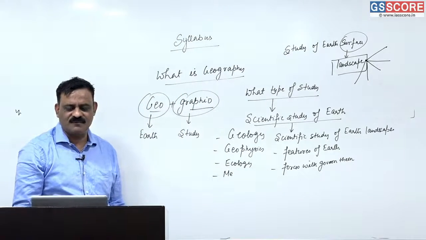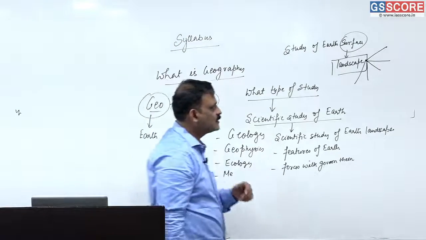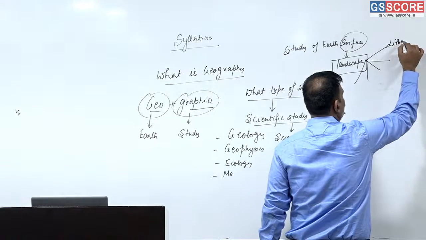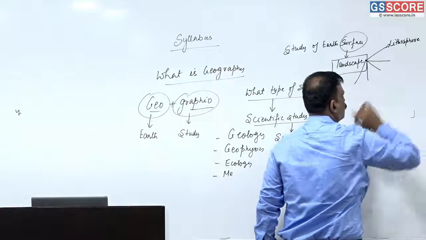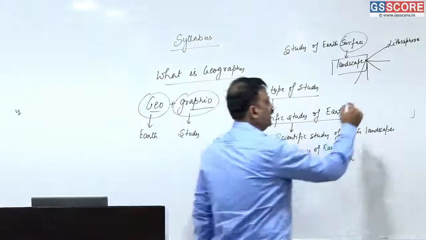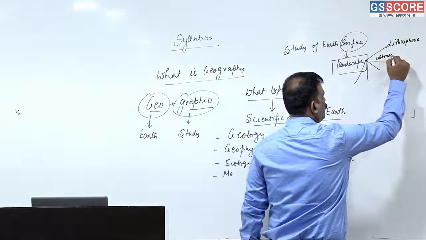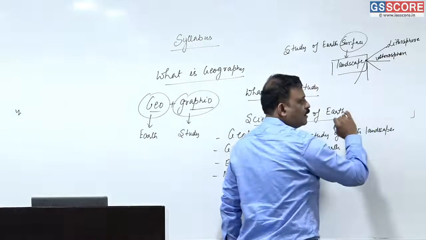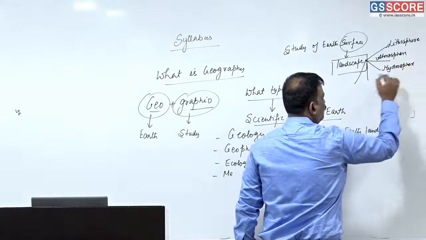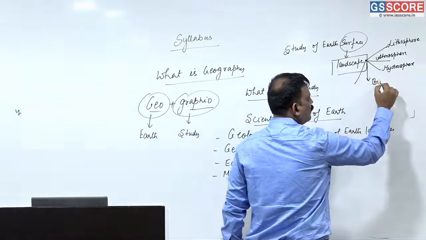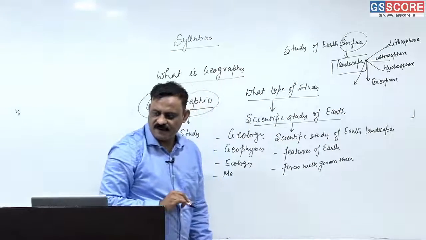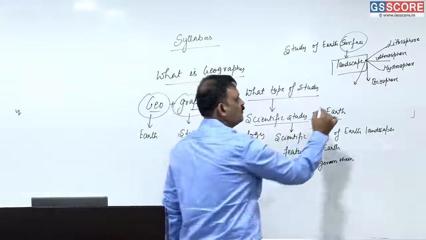The landscape consists of various components, and these components we take in terms of lithosphere, atmosphere, hydrosphere, biosphere, and anthrosphere.